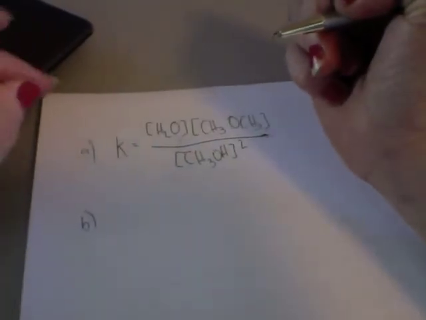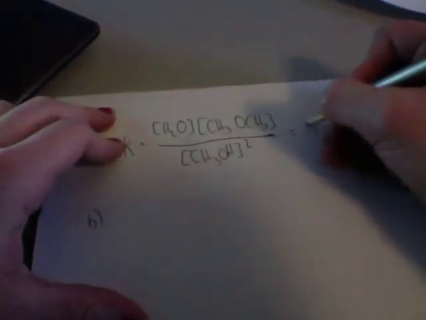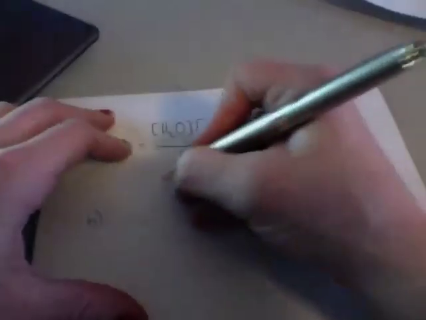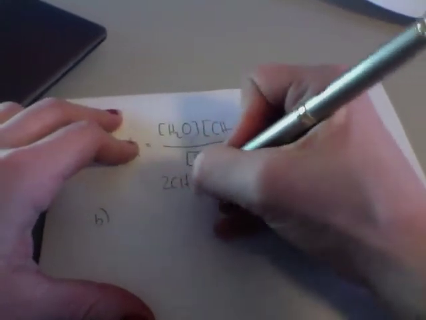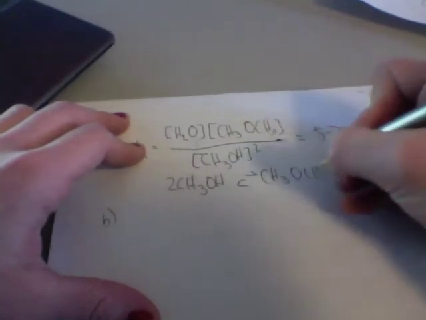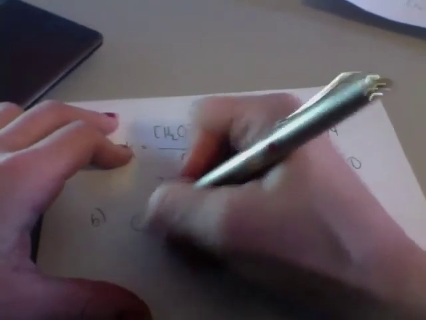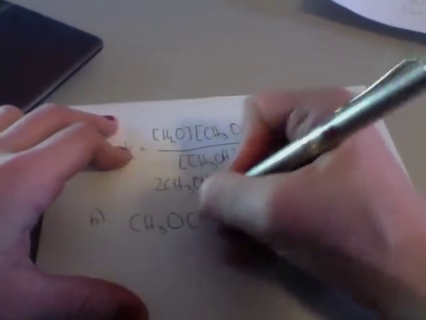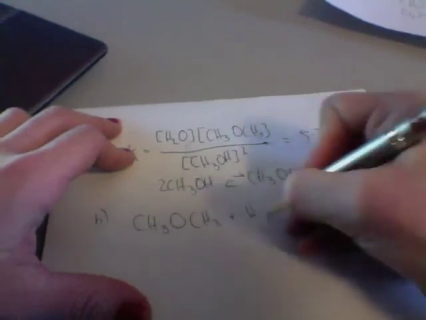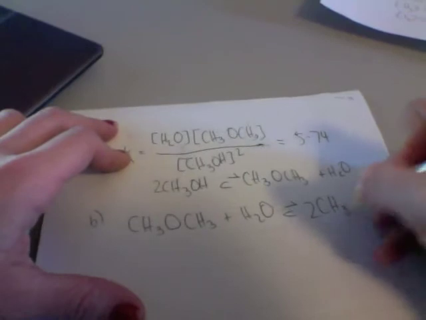Now, B. That's A. B. Calculate the value of K at 330 degrees for the following reaction. The K for 2CH3OH produces CH3OCH3 plus H2O is 5.74. Now it's asking you, what is the K for CH3OCH3 plus H2O produces 2CH3OH?